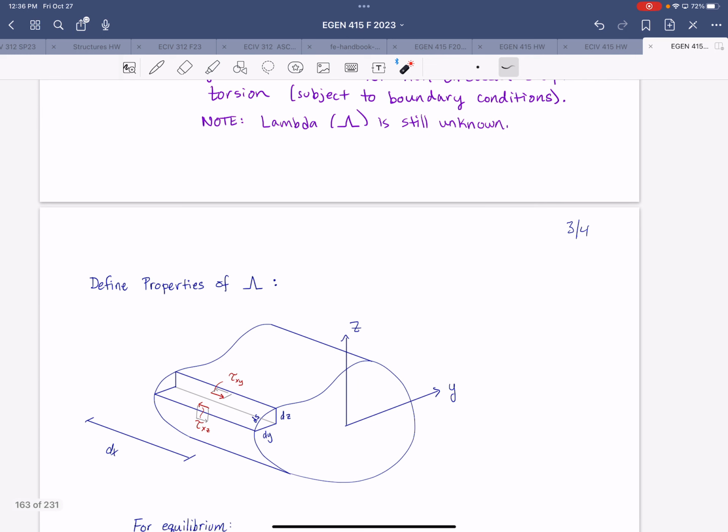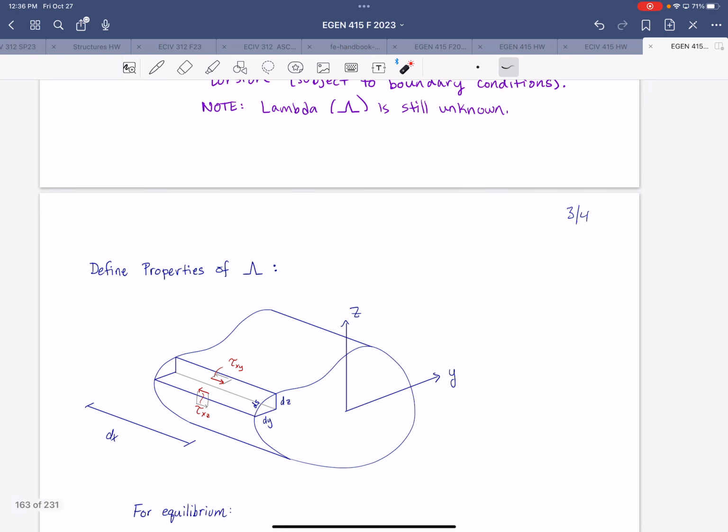And if you consider taking a slice in the z and y directions out of this volume, which is taken as a finite length dx along the axis, on the exposed surfaces of those cuts, we would have an internal shear stress in the x direction on the y face, and we'd have an exposed internal stress in the x direction on the z face.